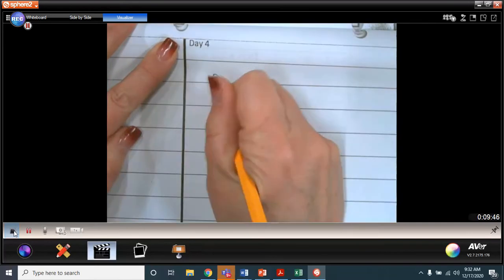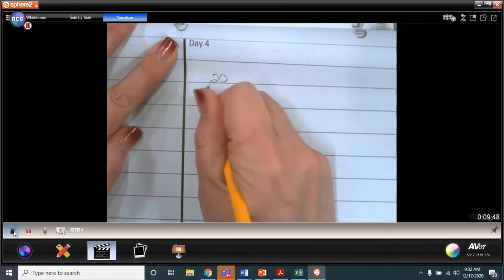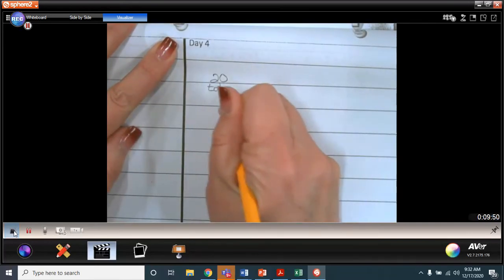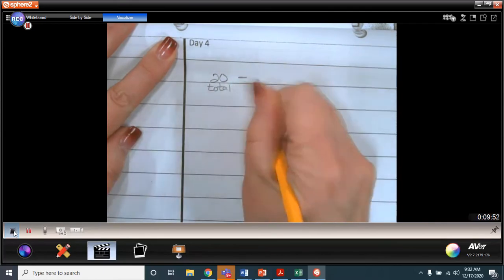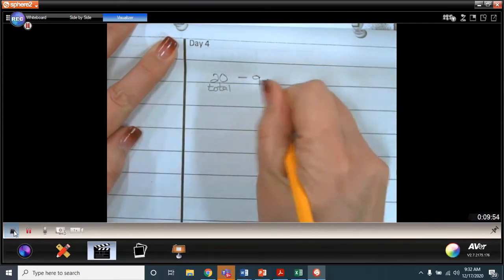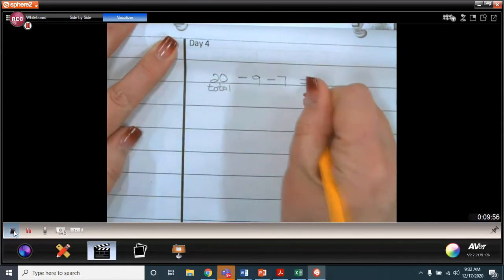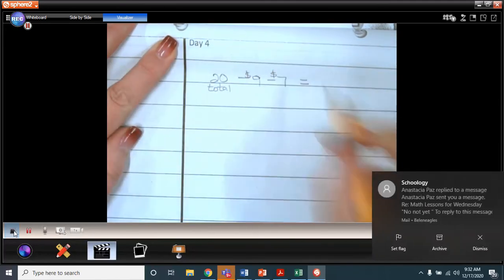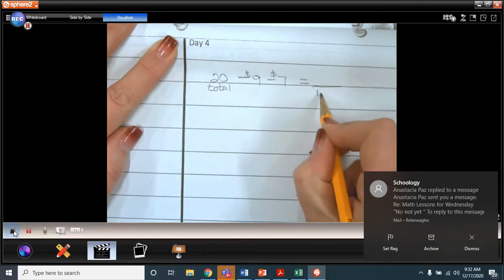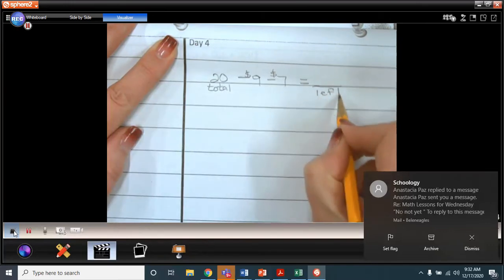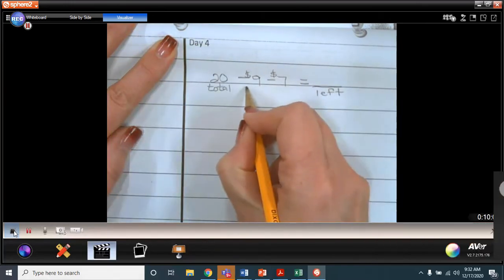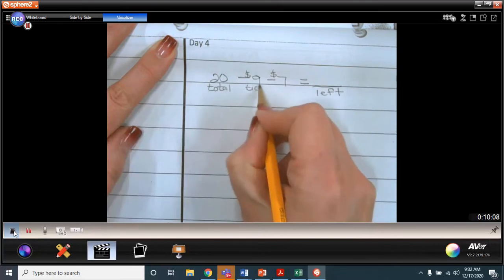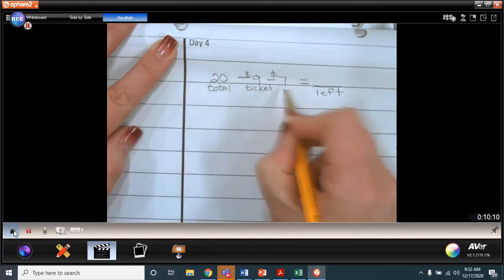We're going to start with our $20, that's the total amount that she had to start with. We're going to take away $9, and then we're going to take away another $7. And once we do that, we're going to find what is left. This was the ticket that we're subtracting here, and this was the popcorn.